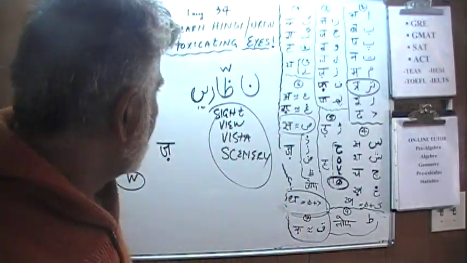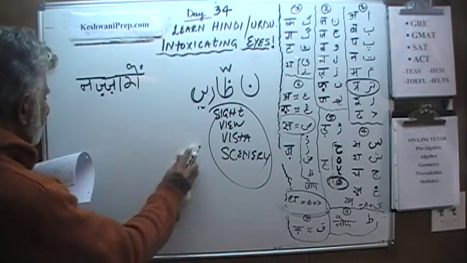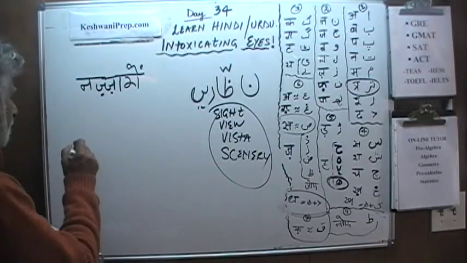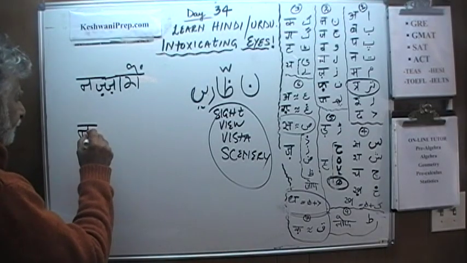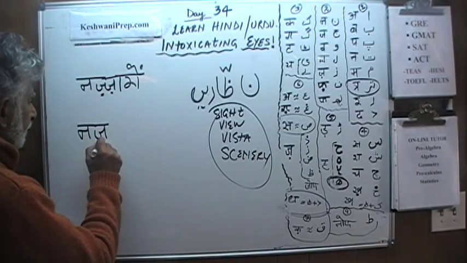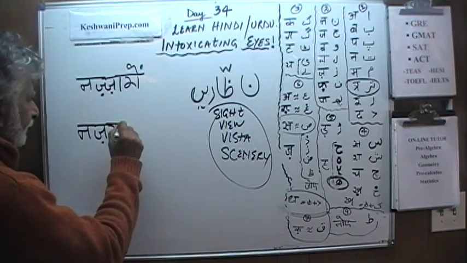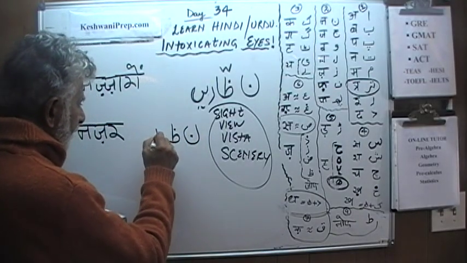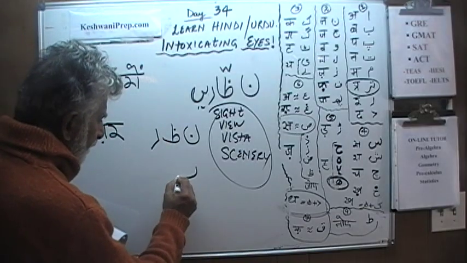Do you understand? Let's do one more. The next word is going to be very simple. It only has 3 letters and it has no matra. No matras at all. Noon, zoi, and a re. When you put them together, it looks like this.